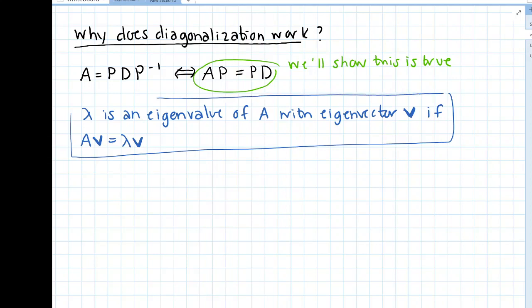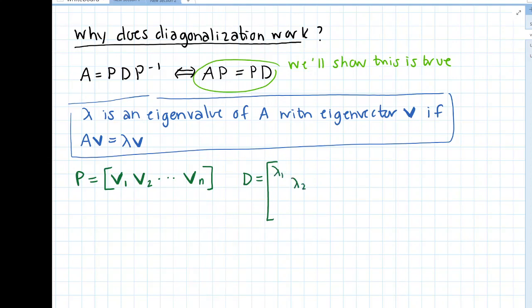Our matrix P is supposed to equal all of the different eigenvectors, V1, V2, through Vn. And then the matrix D is supposed to have all of these eigenvalues, lambda 1, lambda 2, through lambda n, and zeros everywhere else.